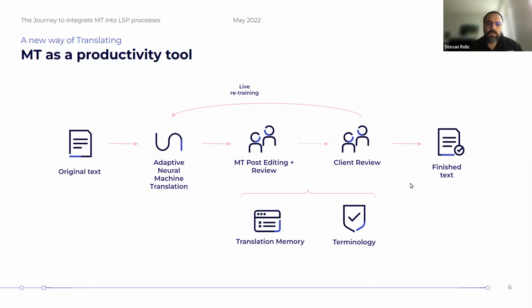Those two, together with the translation memory being created and the terminology, which we try to have customer maintained, then feed and retrain the engine live. Juan will speak about it a bit more in detail. And that feeds a nice ongoing process with customers.